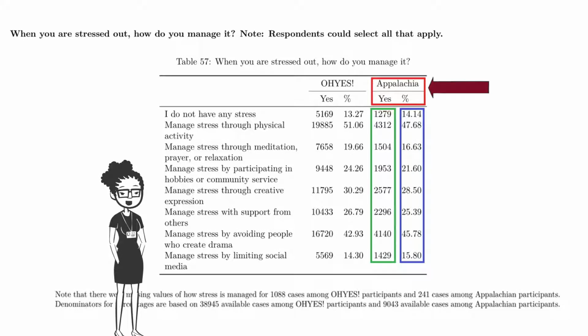The column in green for Appalachia lists the count of individuals selecting the yes or checked response. The column in blue for Appalachia gives the percentage of individuals selecting the yes or checked response. The denominators in calculating these percentages appear in yellow boxes. The number of students choosing not to respond to these items appears in the numbers noted in the brown boxes.